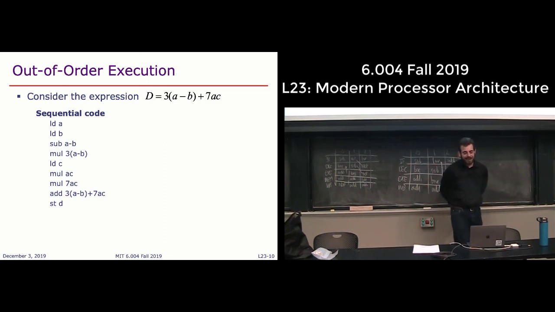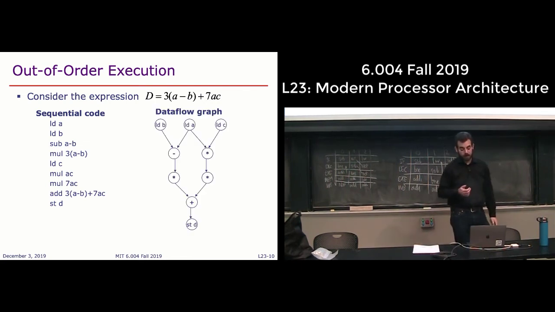But if you actually draw the computation as a tree or a graph of operations, you can see that you don't need all operations to happen serially. This is what we call a data flow graph. In a data flow graph, the vertices, or the nodes, are the operations, and the edges between the nodes are the dependencies between the operations.